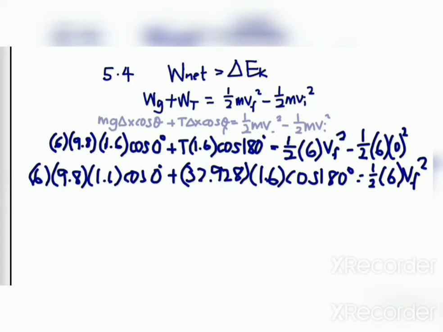And from there we can calculate Vf. Don't forget to square root your answer because it's Vf squared. And we end up with 3.7172 meters per second. And that is the velocity with which the 6 kilogram block falls that distance of 1.6 meters.